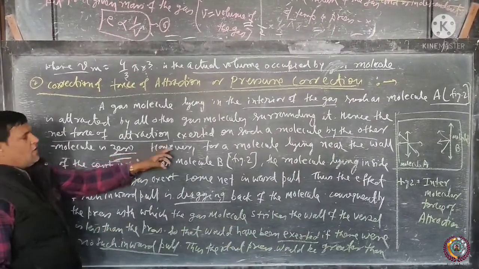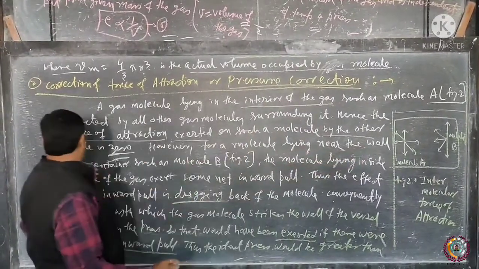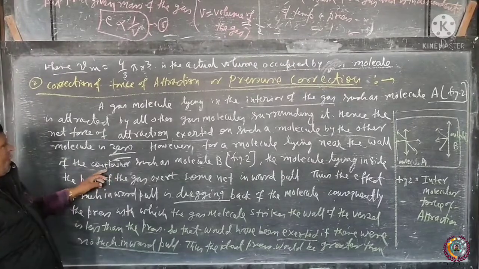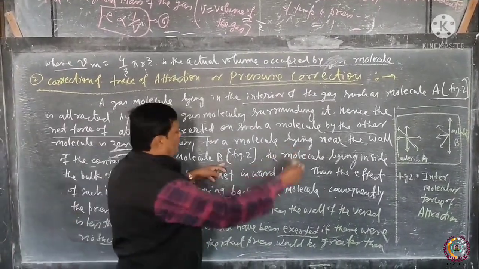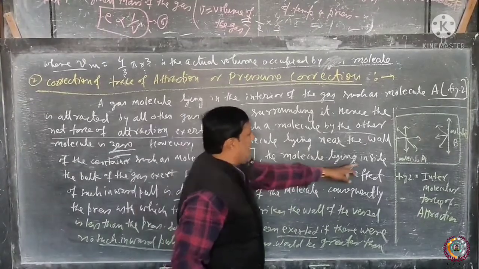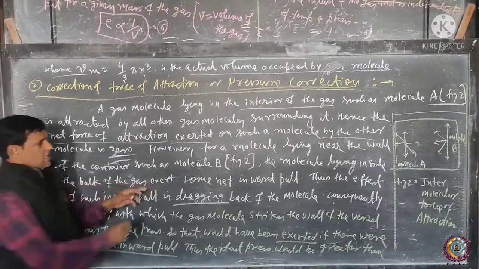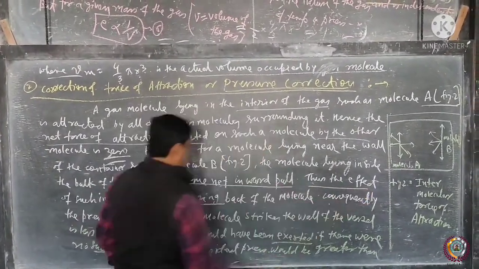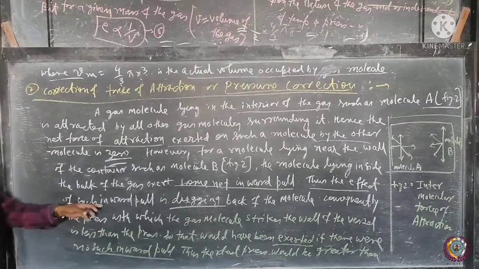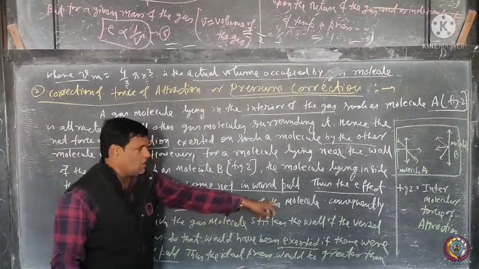However, for a molecule lying near the wall of the container, such as molecule B in figure 2, the molecules lying inside the bulk of the gas exert some net inward pull.